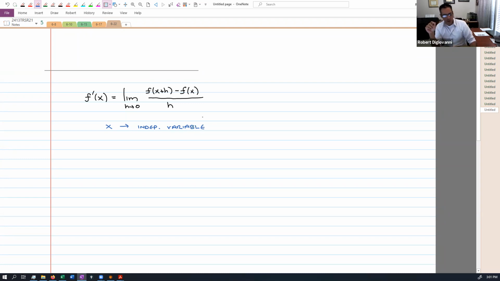Meaning our function, the value of it depends on x. For example, if I write f of x equals, let's just take sine of x cubed. We started class with that today. This function depends on x, right? So if you plug x in, you're going to get a value out.